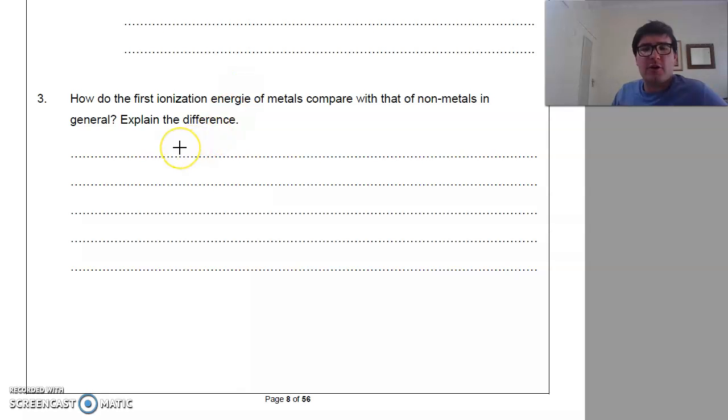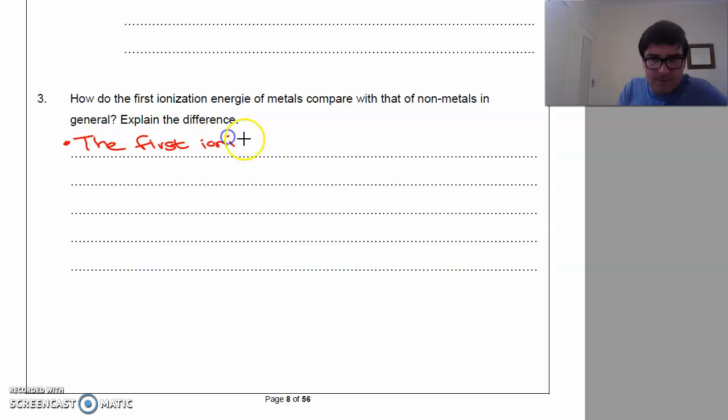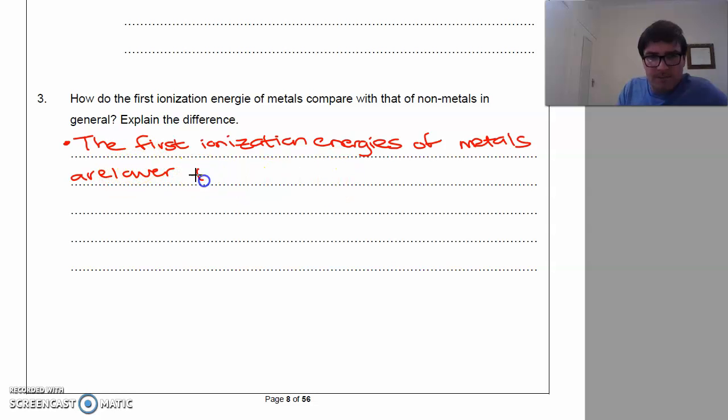Okay, now guys, if you go and look at the trends, what do you see? How do the values of metals compare with non-metals? Okay, so let's first mention that. The first ionization energies of metals are lower than that of non-metals.